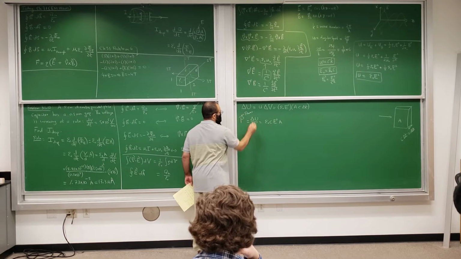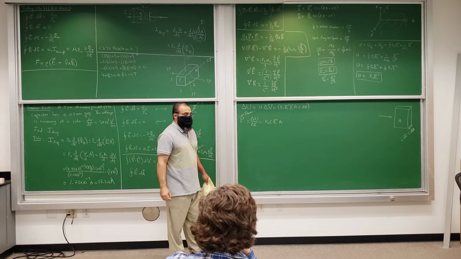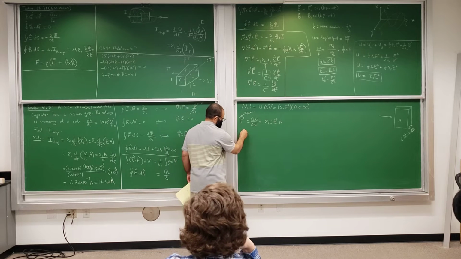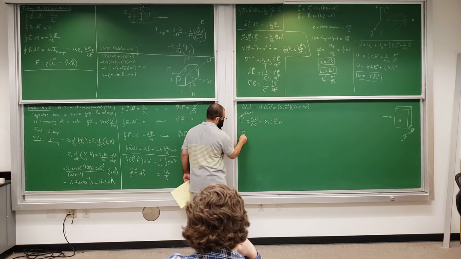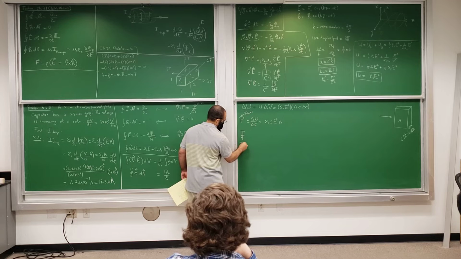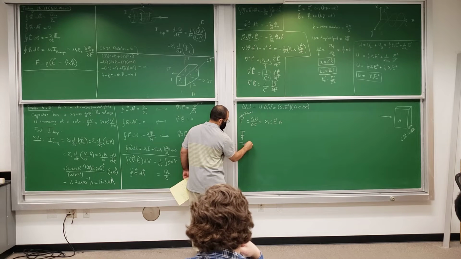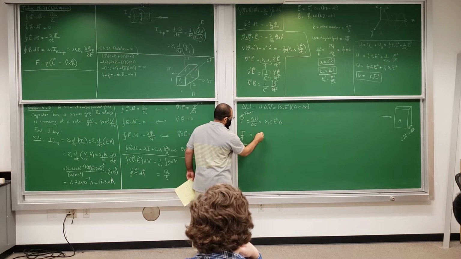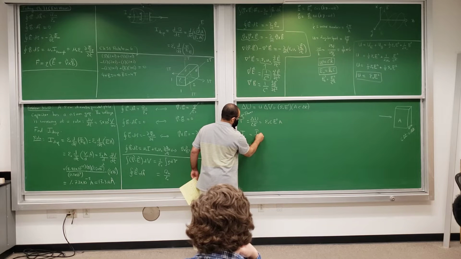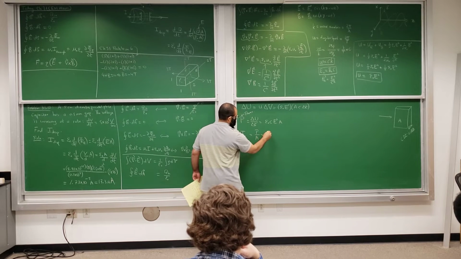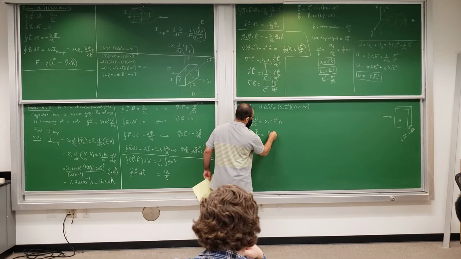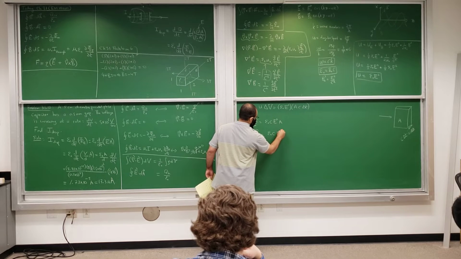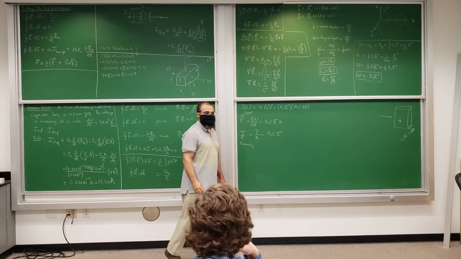Power is the energy over time. So the intensity, I, would be the power over area, and you would get epsilon naught times C times E squared. That's the intensity.